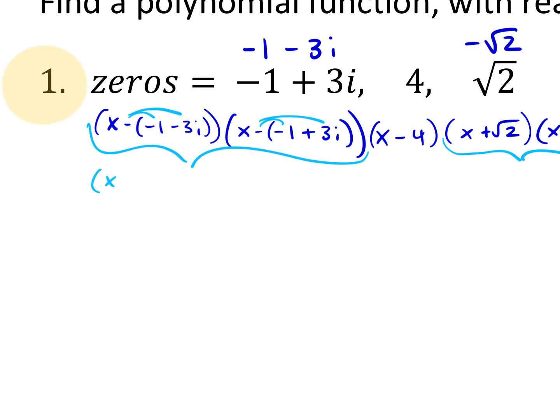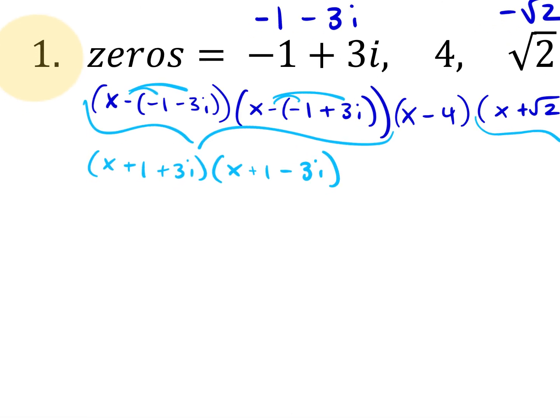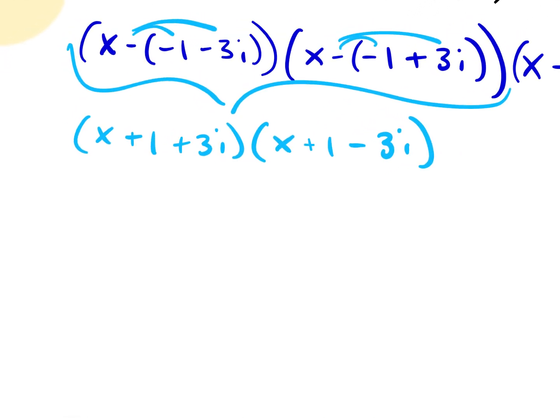So we've got x plus 1 plus 3i and x plus 1 minus 3i. Are these conjugates of each other? Yeah, so we can do our conjugate shortcut. The conjugate shortcut is a squared minus b squared.